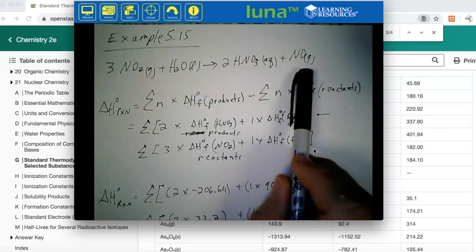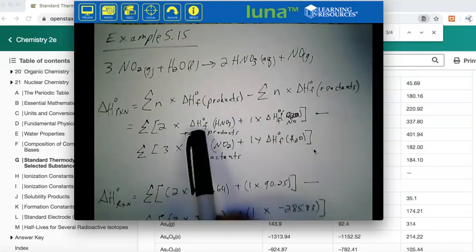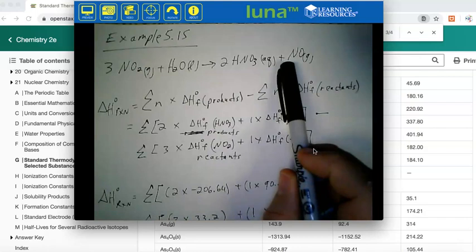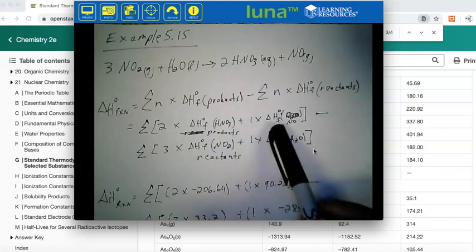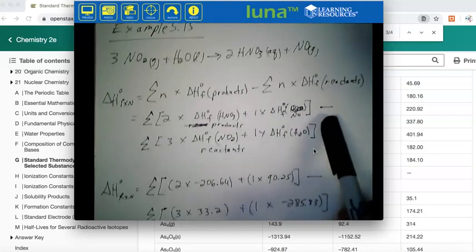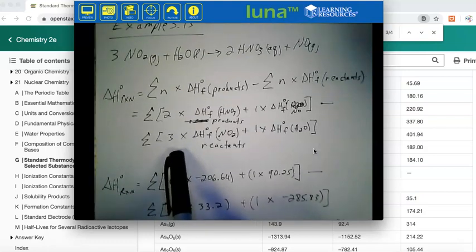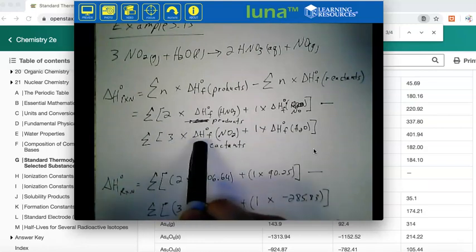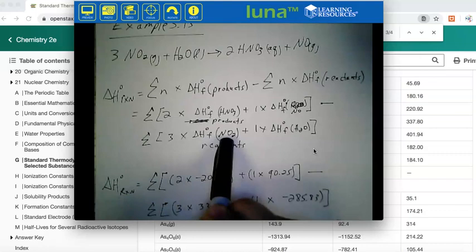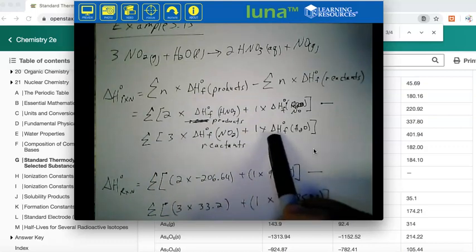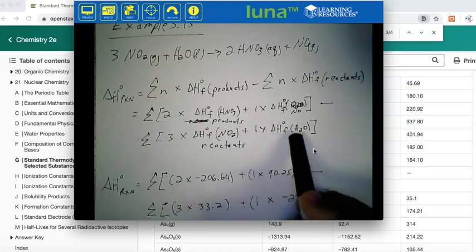There are 2 moles of nitric acid, so 2 times the standard enthalpy of formation for nitric acid, plus 1, because NO has a coefficient of 1, times the standard enthalpy of formation of NO. That's the products, minus the summation of the reactants: NO2, and there are 3 moles there, so 3 times the standard enthalpy of formation for NO2, plus 1 mole of liquid H2O, so 1 times the standard enthalpy of formation for liquid water.